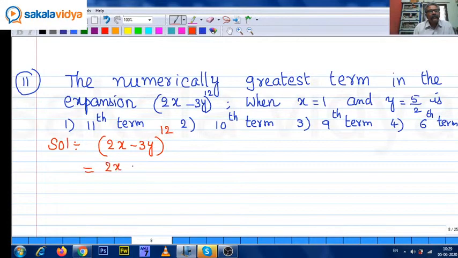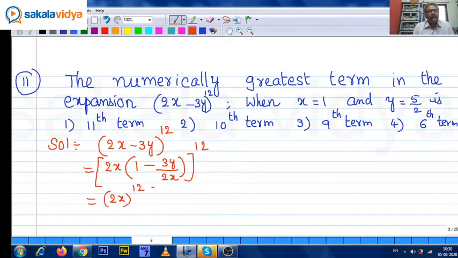If we take 2x common, we get (2x) to the power of 12 times (1 minus 3y upon 2x) whole to the power of 12.